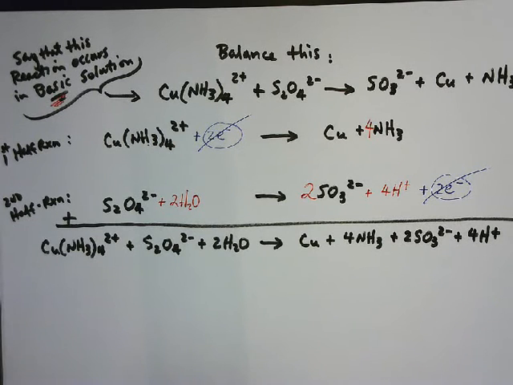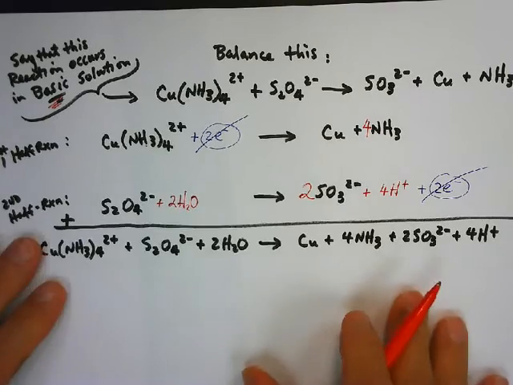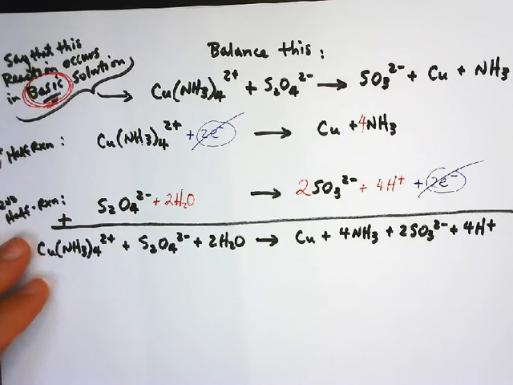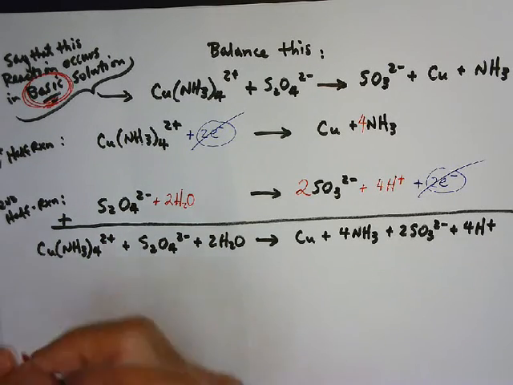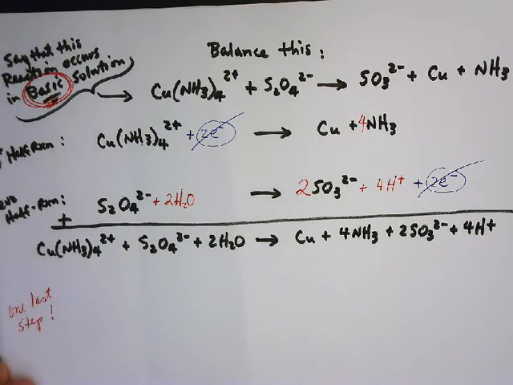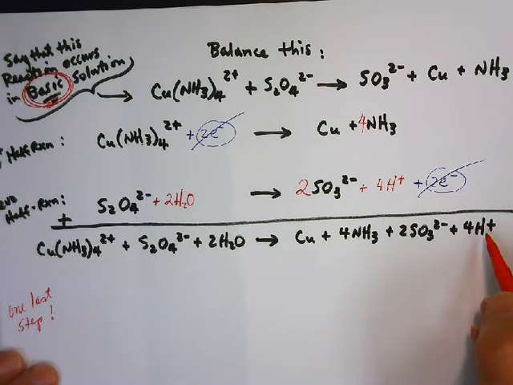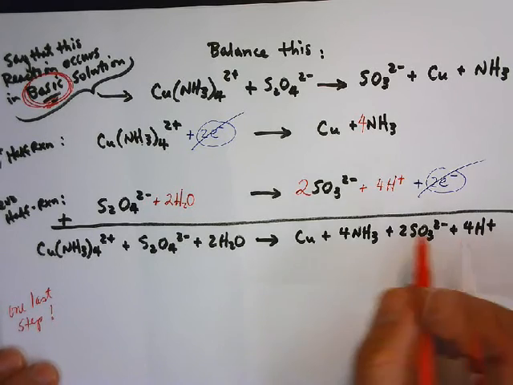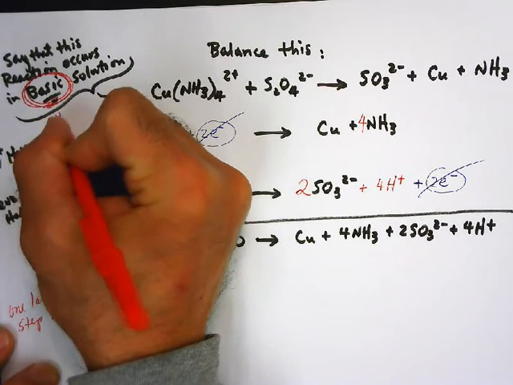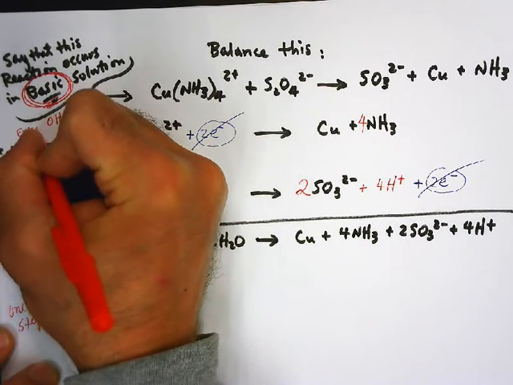And if this was in acidic solution, this would be the answer. However, this is not in acidic solution. This is in basic solution. And so we have one last step to do. And that is to neutralize the H pluses by adding OHs, because you might recall that a basic aqueous solution has excess numbers of OH ions.